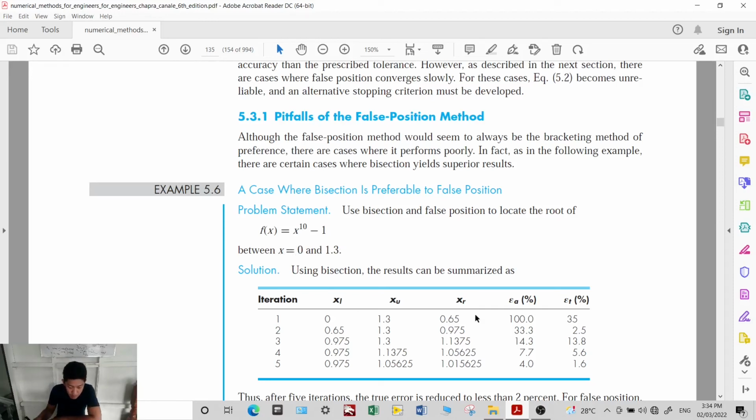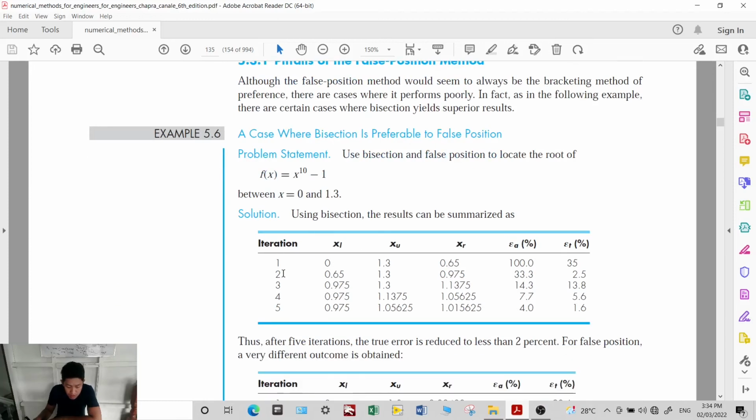So if you solve this one using the bisection method, this is the result. After 5 iterations, the approximate percent relative error reduces to 4%. Okay, so the root of this equation is 1.015625.